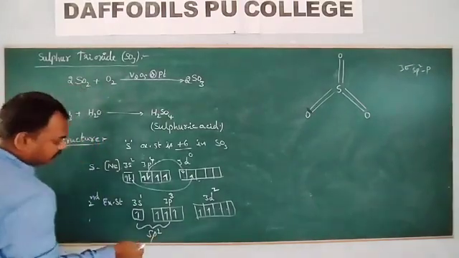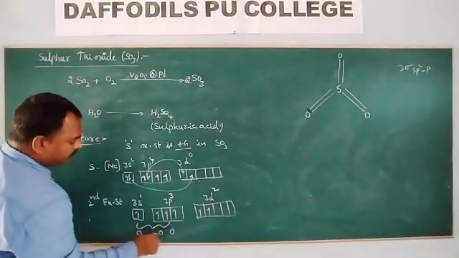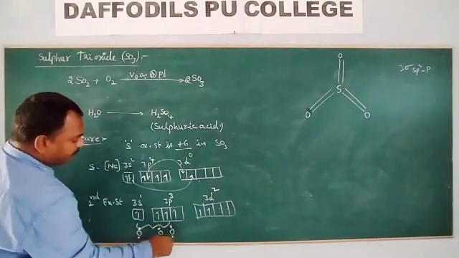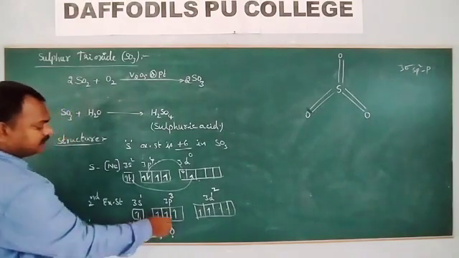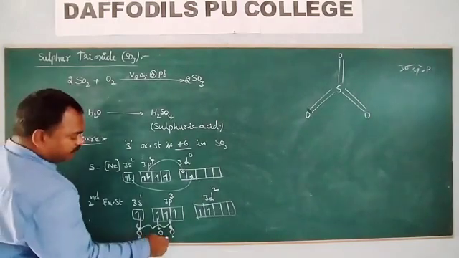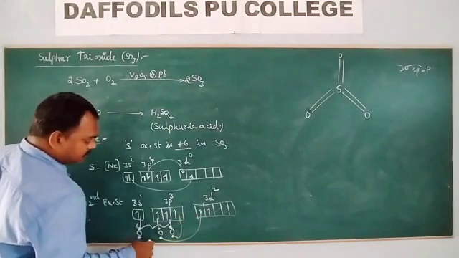So we have 3 oxygens, 1, 2, 3. The 3 oxygens have 2 unpaired electrons each. Each one will form a sigma bond, 1, 2, 3. The other unpaired electrons will form pi bonds.